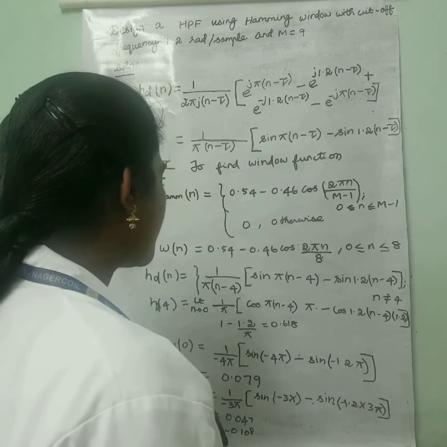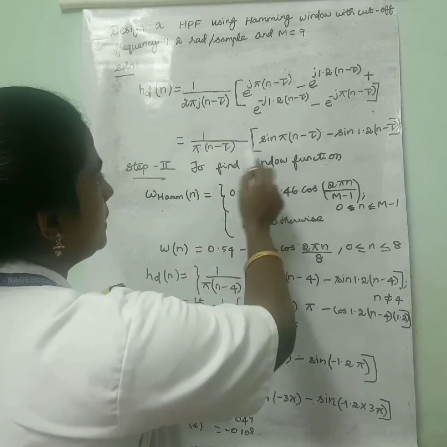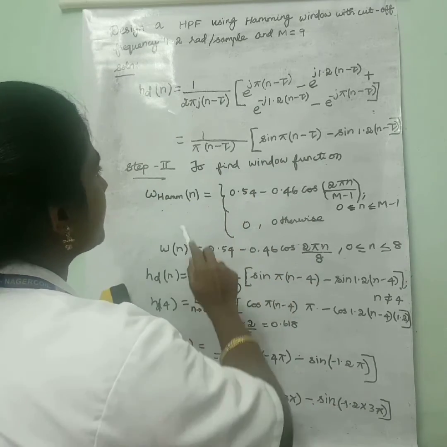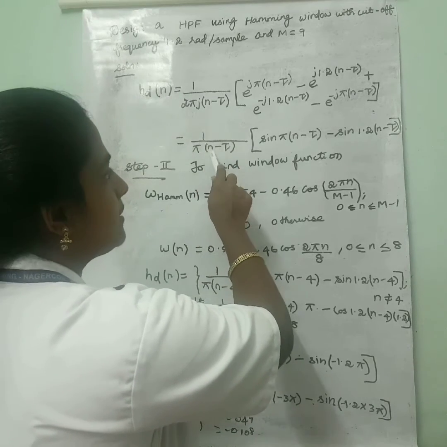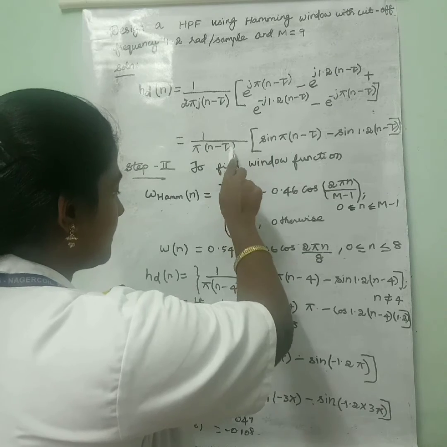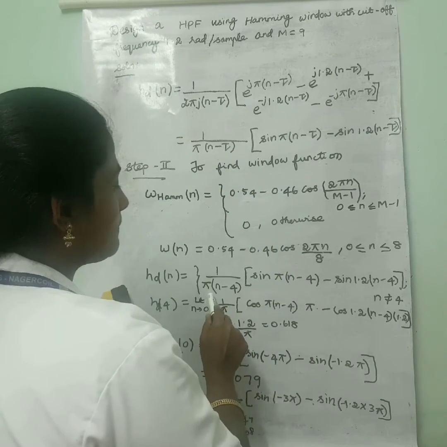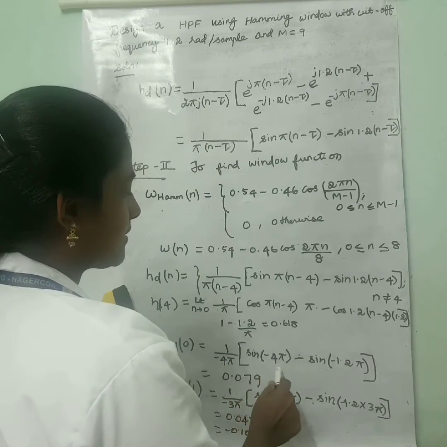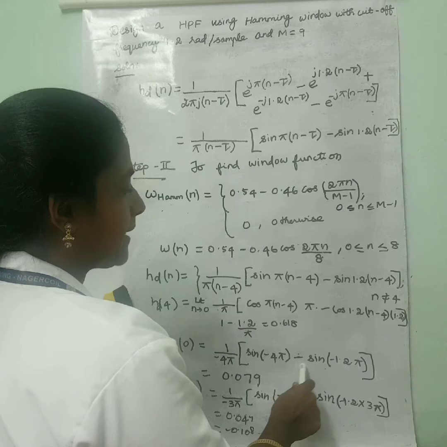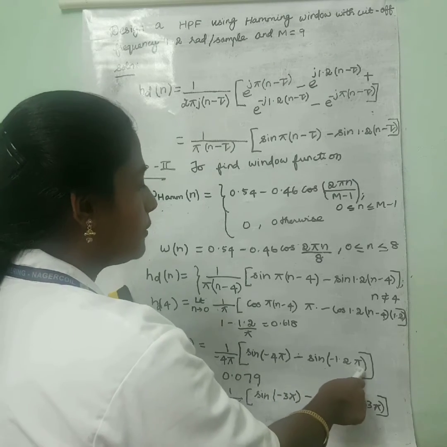Next h_d(0), you have to substitute 0 in this equation. 1 by π into (0 − 4) is −4π, into sin(−4π) minus sin(−1.2 × 4π).